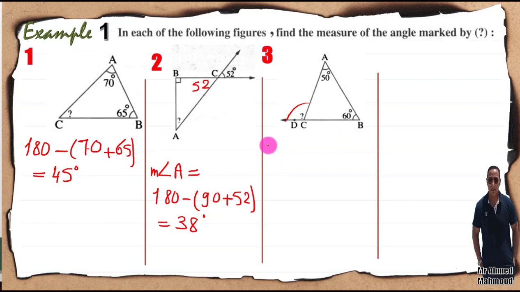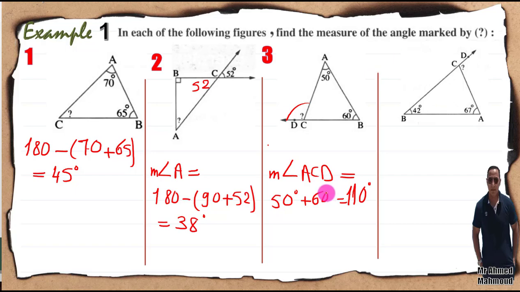So measure of angle ACD equals 50 plus 60 equals 110 degrees.